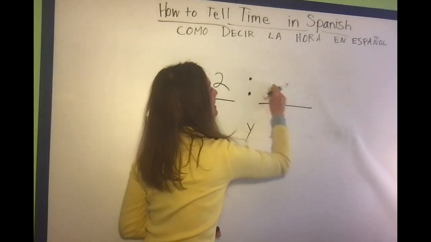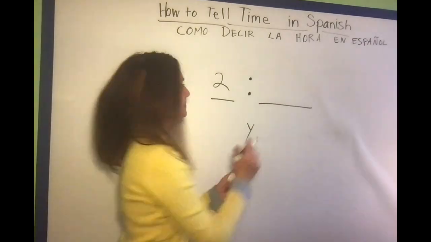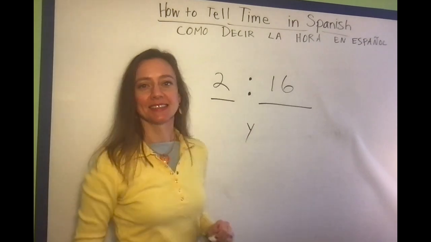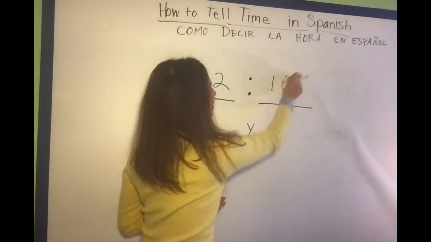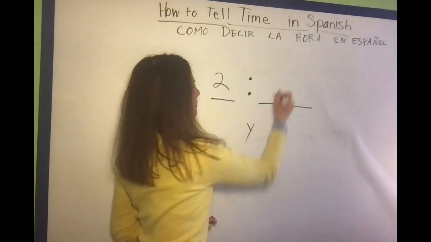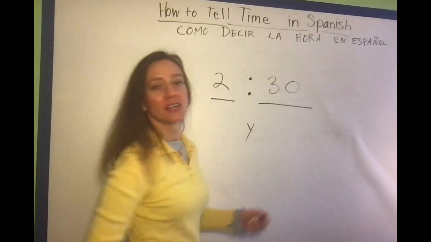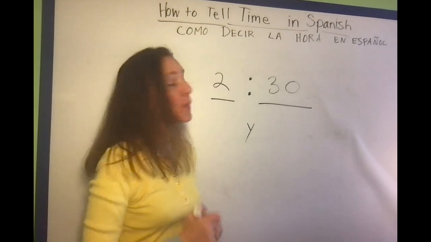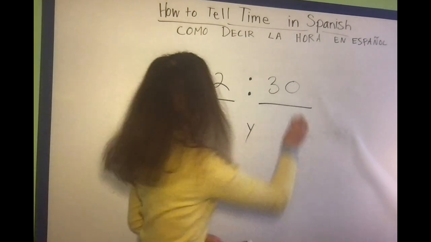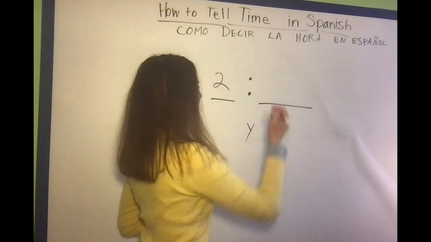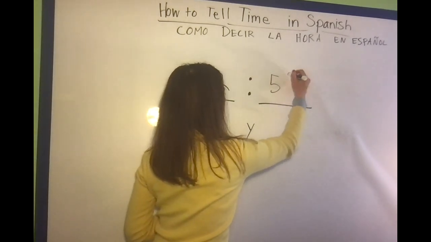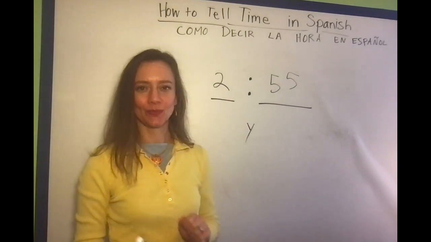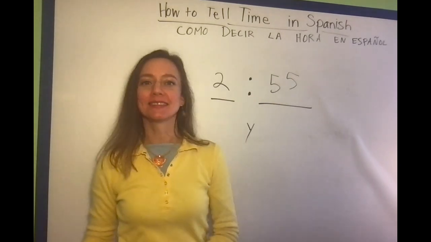Let's say, pretend it's 2:16. Son las 2:16. 2:30. What about 2:55? 2:55.